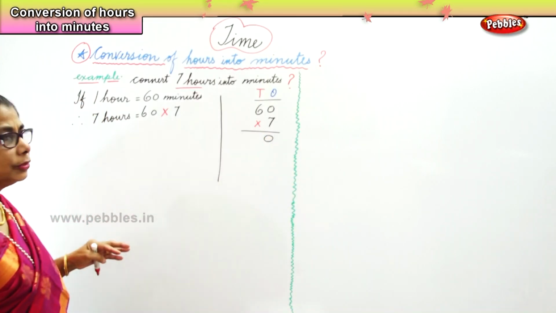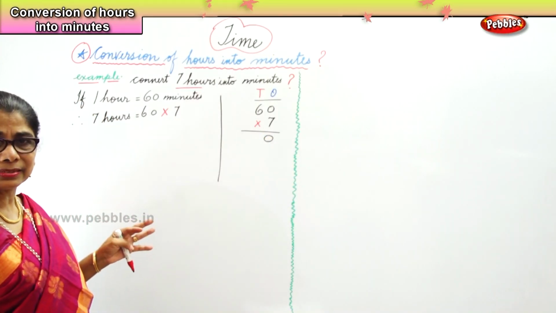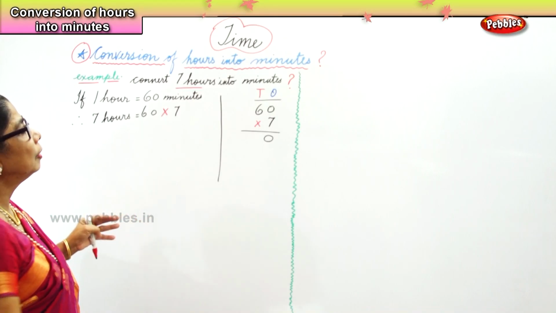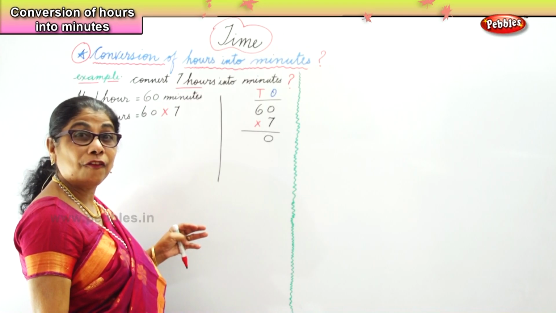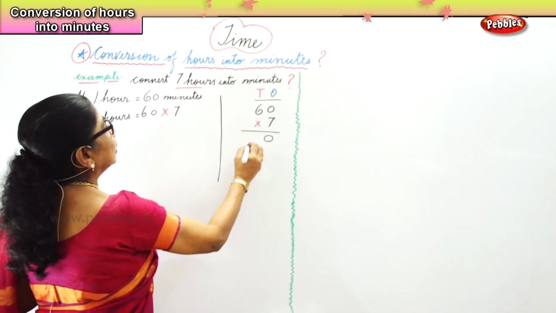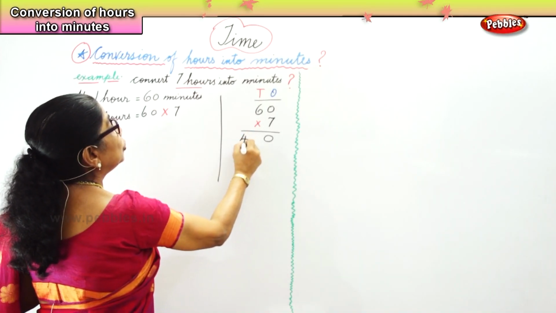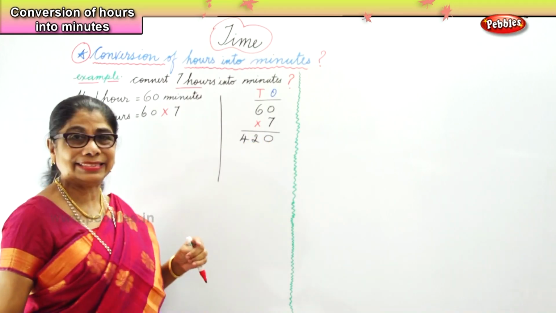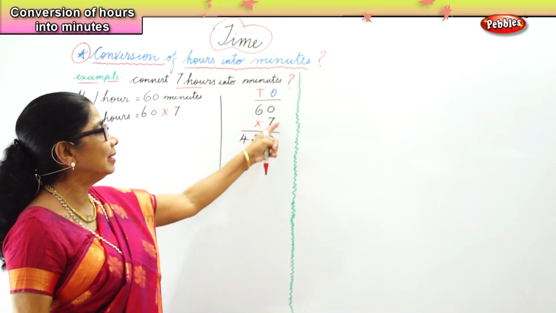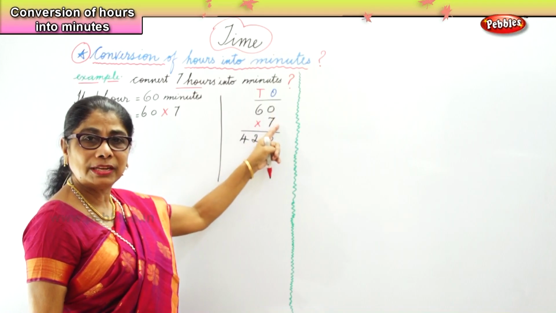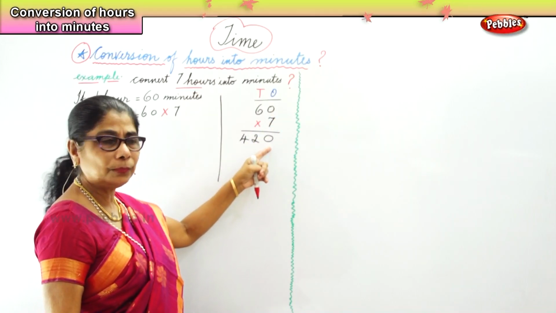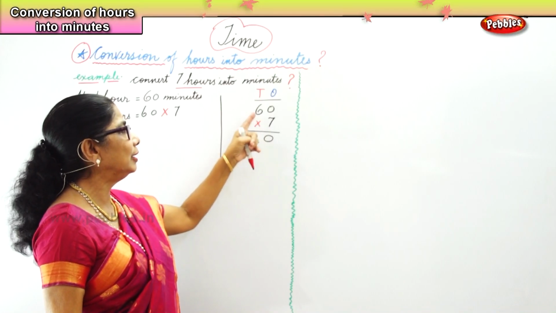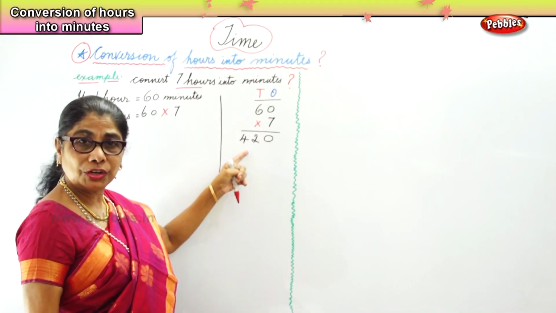So 0. 7 6s are 42. You put down 42 as it is. 0 into 7 or 7 into 0, the product is 0. 7 into 6 is 42.